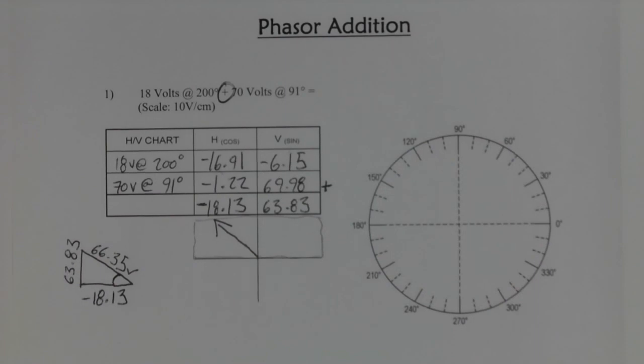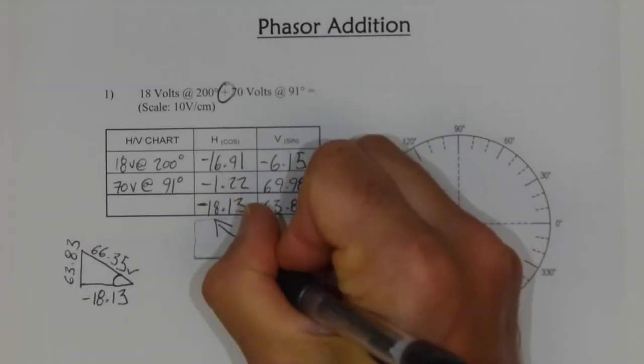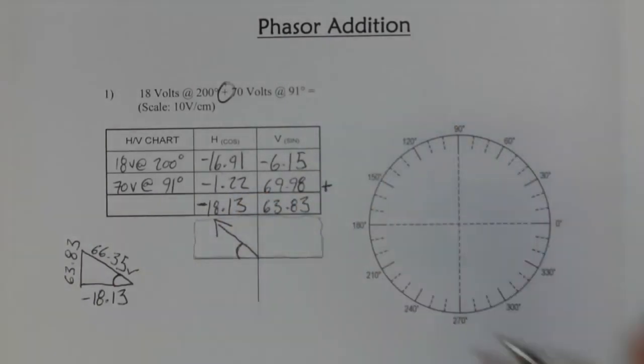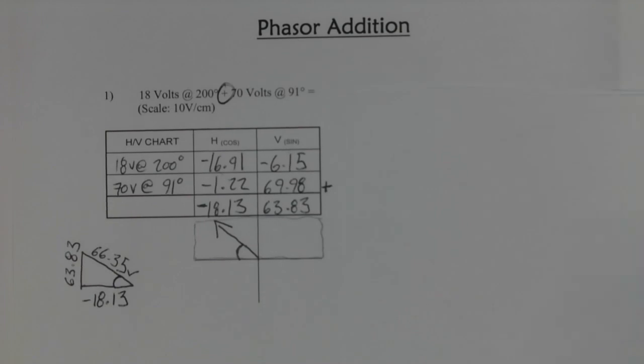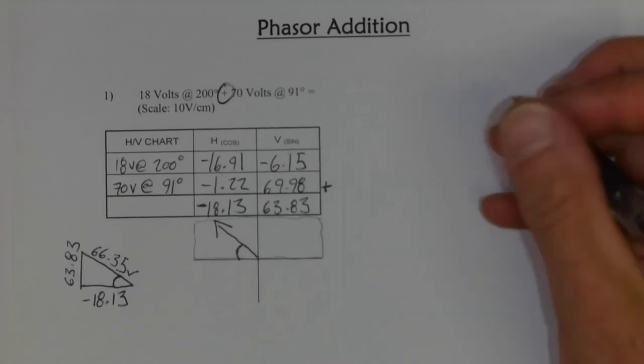All right, so now I want to work out the angle here. And for the angle, we just have to watch where our arrow happens to be sketched. I'm going to use cos theta to work out the angle. Remember, any of the trig functions will work.